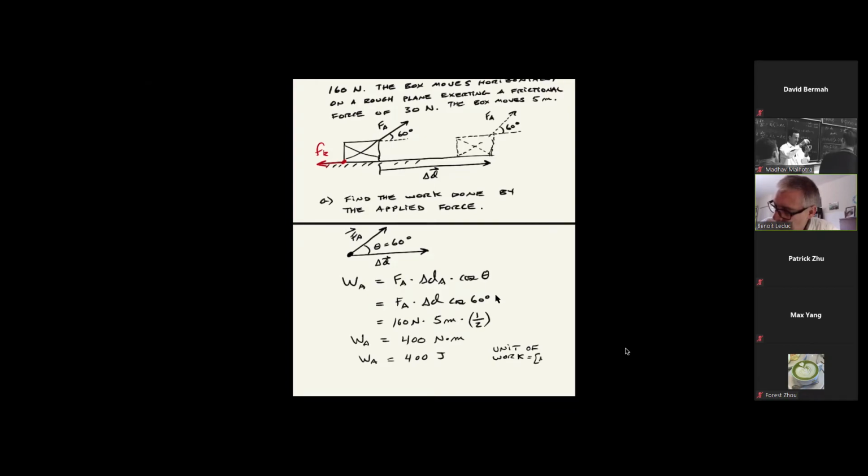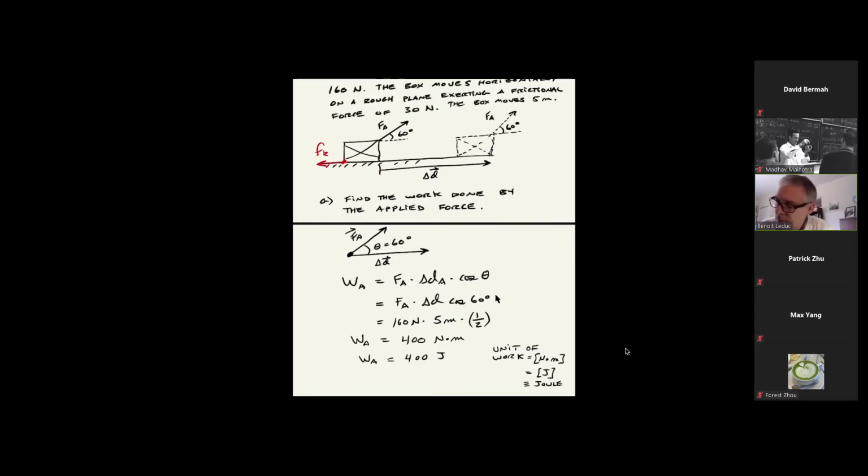It's Newton times meter, not per meter. Newton per meter was the spring constant, remember? So this is joule.